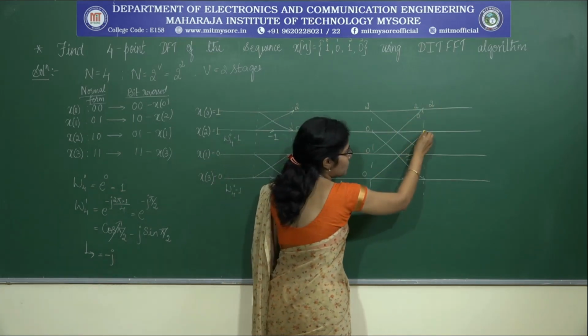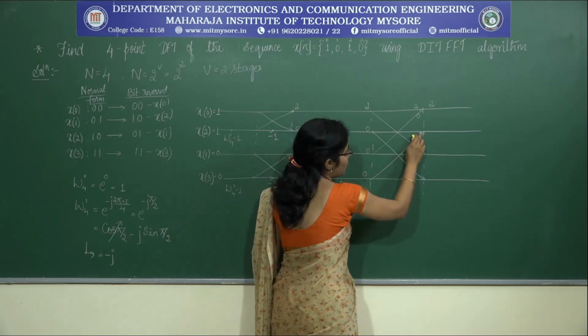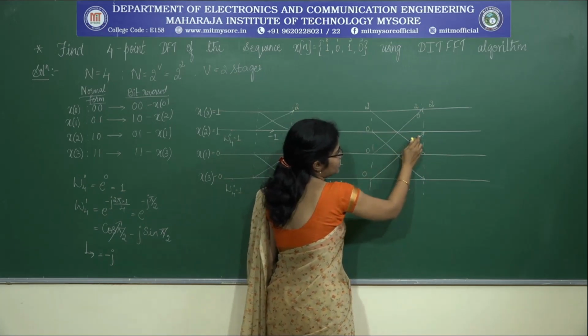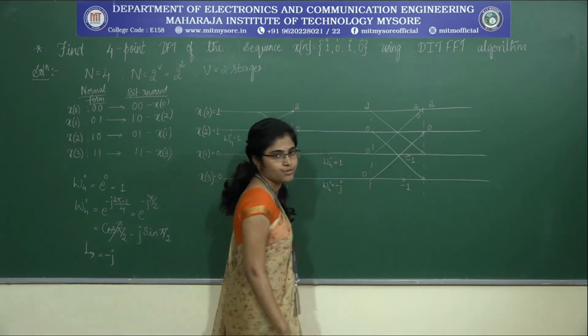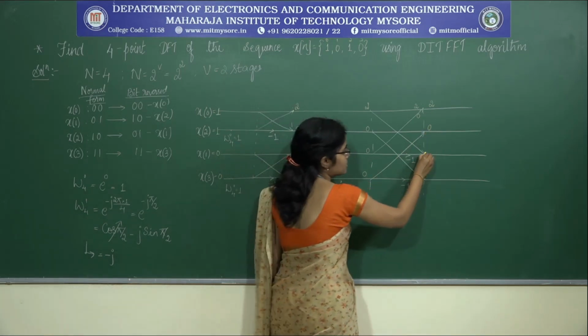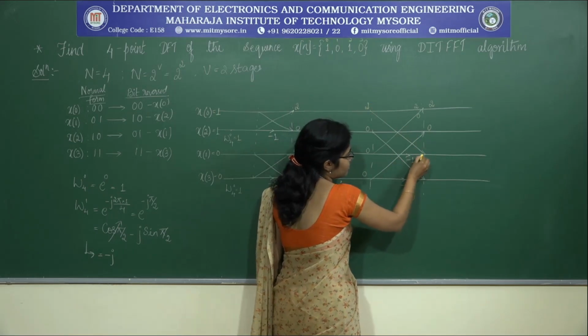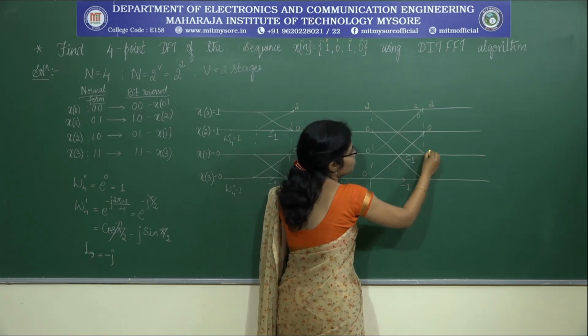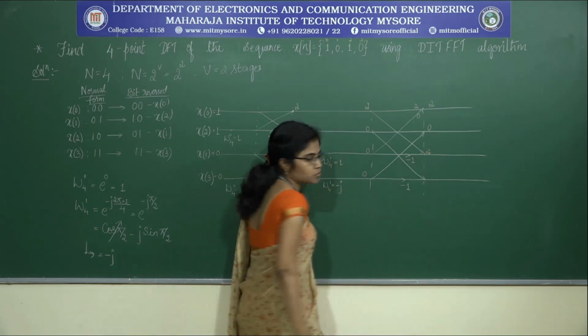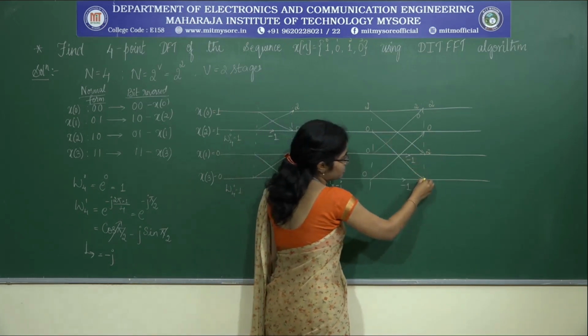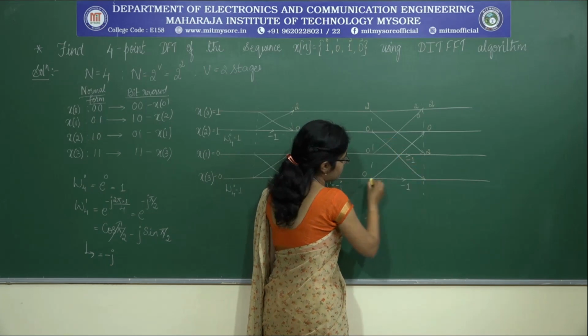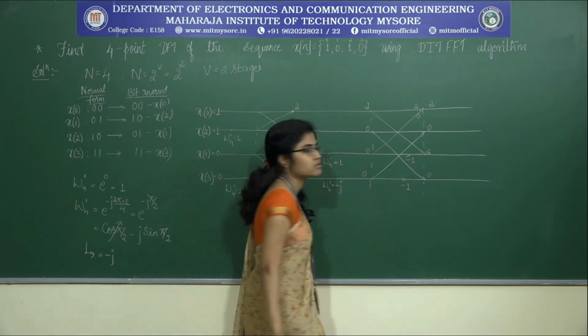Similarly, moving on to this point, the data coming from this point is 0 and this branch is also 0, gives you 0. Similarly, at this particular stage, the data coming here is 2 and from here it is 0. 2 and 0 is 2. Okay. Finally coming to this point, here it is 0, here also it is 0, finally this is 0.